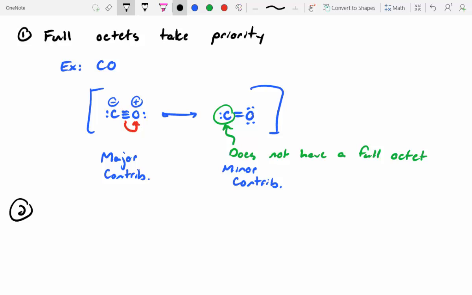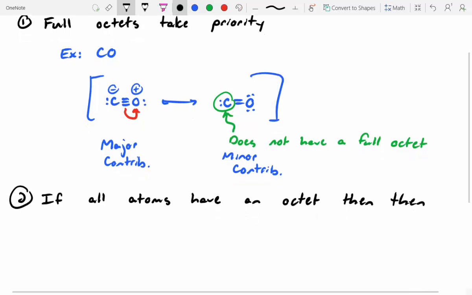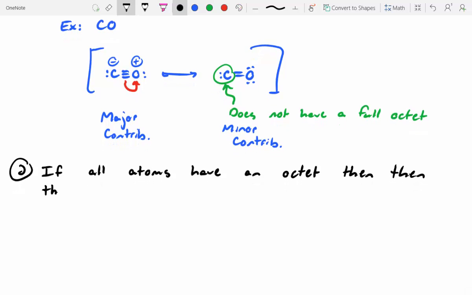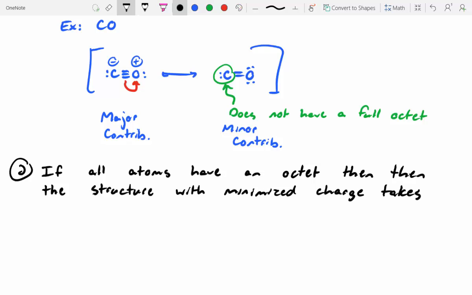The next one is, if all atoms have an octet, then the structure with minimized charge takes priority. So that's our tiebreaker for number 2.